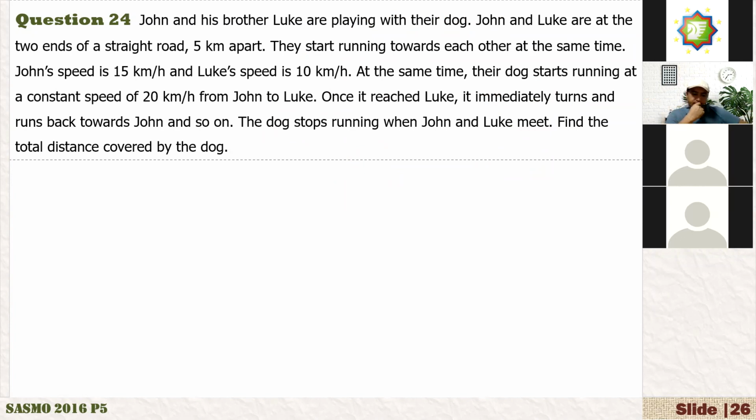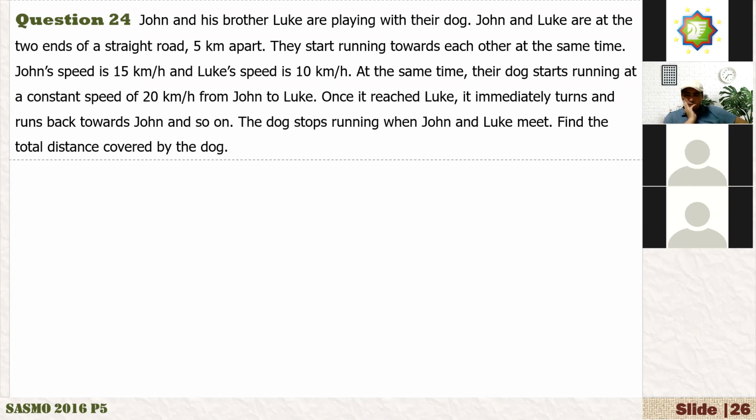Okay. John and his brother Luke are playing with their dog. John and Luke are at the two ends of a straight road, 5 kilometers apart. They start running towards each other at the same time. John's speed is 15 km/h and Luke's speed is 10 km/h.